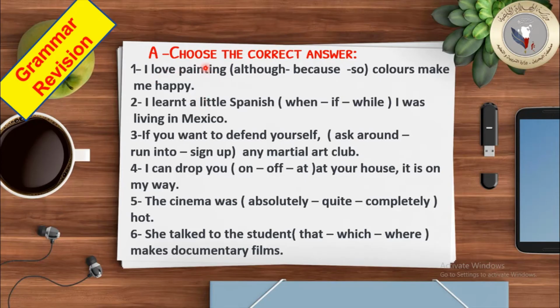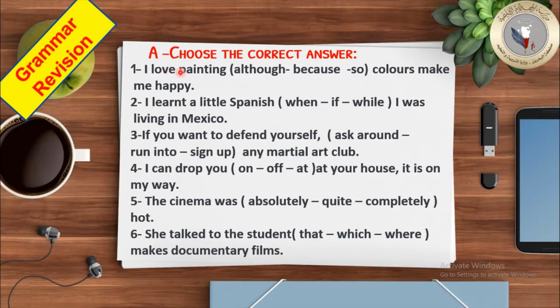I have to make a relation between the two parts of the sentence, which is a cause or a reason, and which is a result.